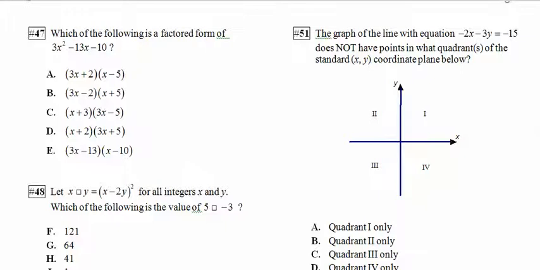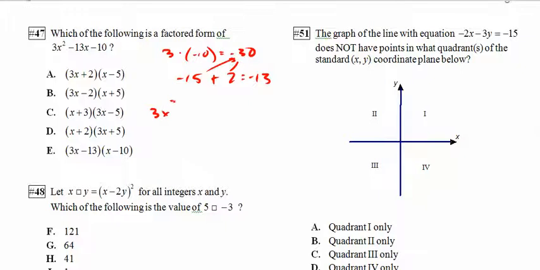Which of the following is a factored form? I'm going to actually factor this. Last time I just went to the answers and FOILed it out, which is really a better way to do it. But I'm going to factor this one because some people like that. 3x squared minus 13x minus 10. 3 times -10 is -30. -15 plus 2 is -13, and multiplies up there.